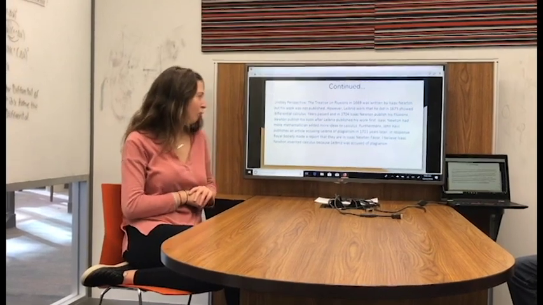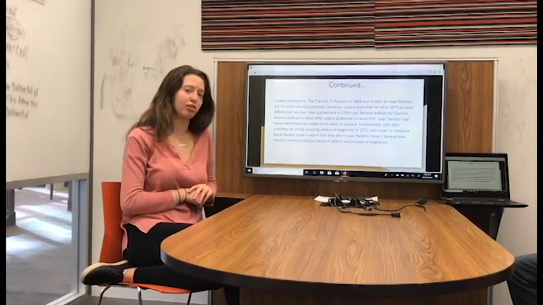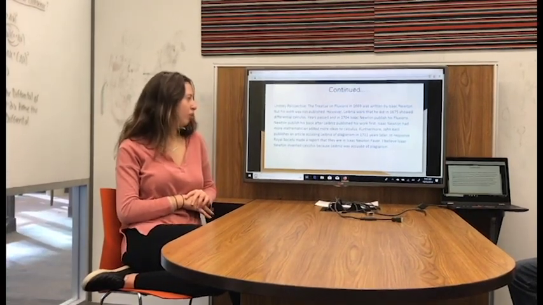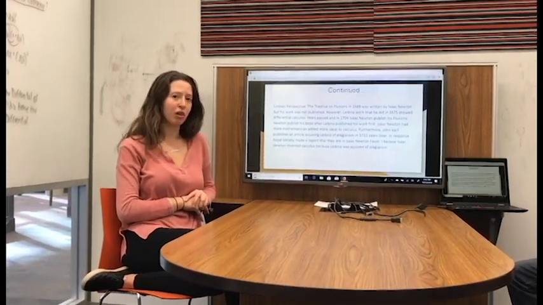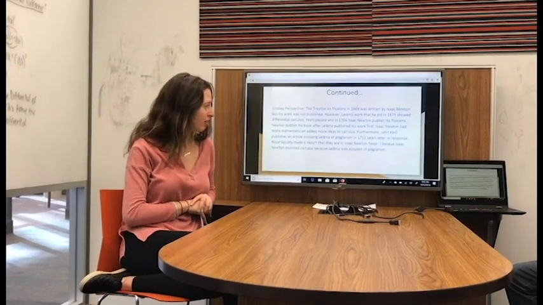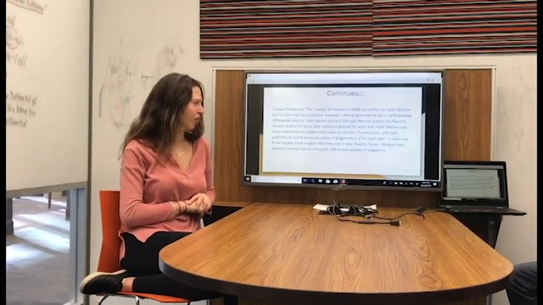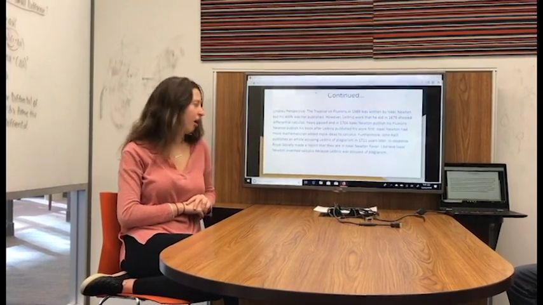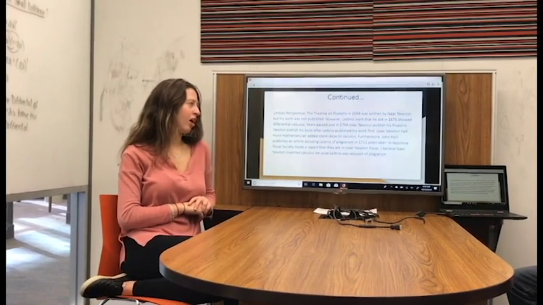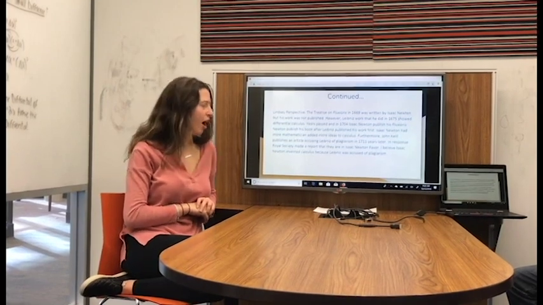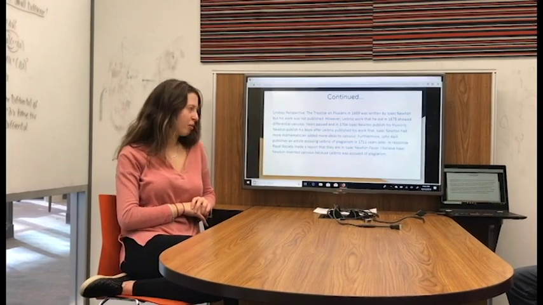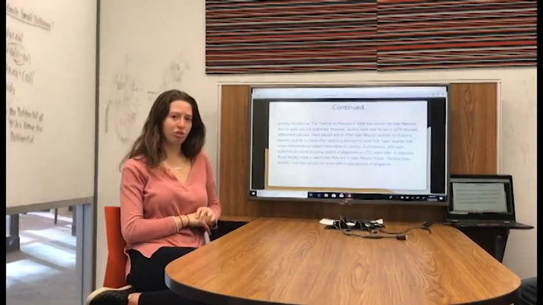Isaac Newton had more mathematicians add more ideas to calculus. Furthermore, John Keill published an article accusing Leibniz of plagiarism in 1711, 11 years later. In response, the Royal Society made a report in Isaac Newton's favor. I believe Isaac Newton invented calculus because Leibniz was accused of plagiarism.